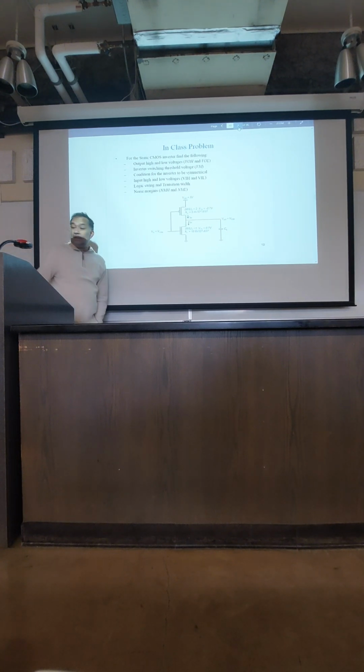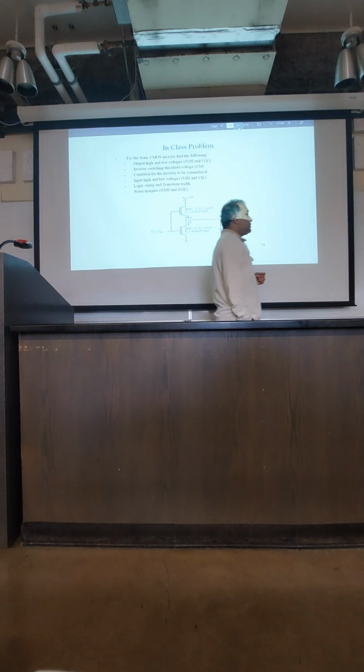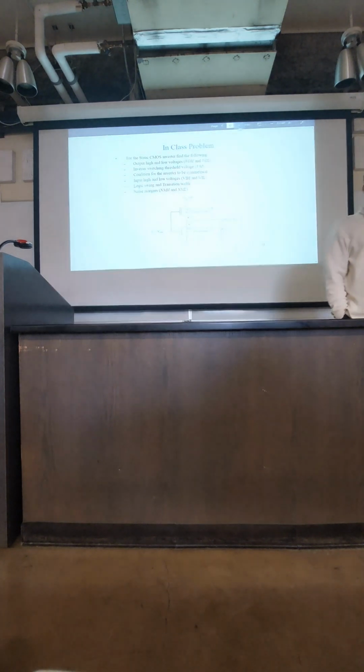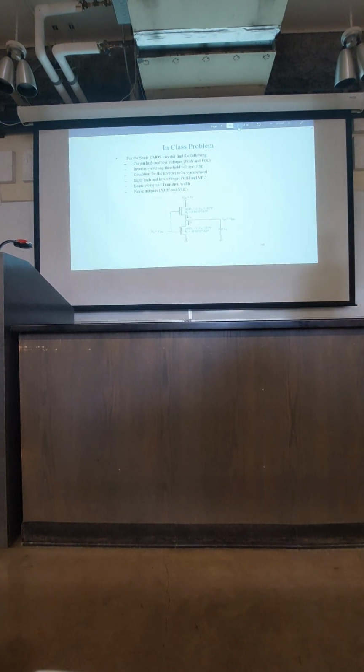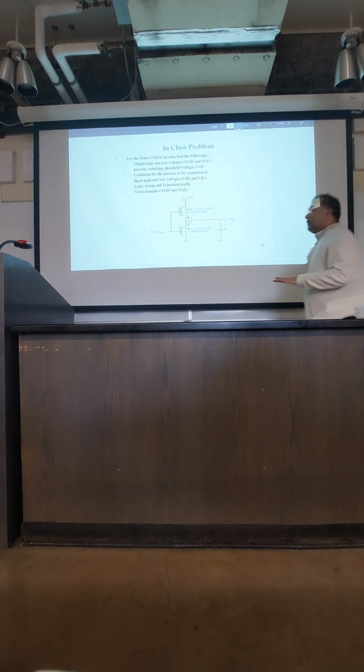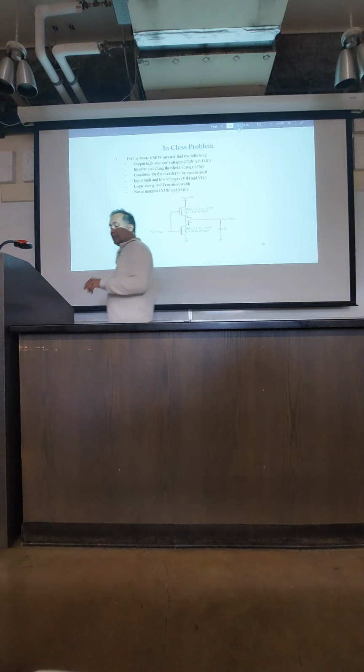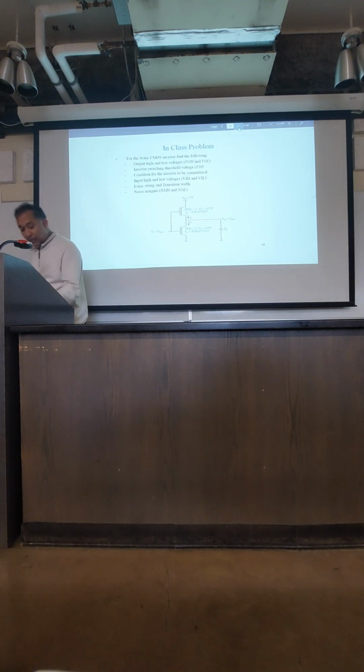Any mathematical equation or mathematical problem? If you have to use the linear or saturation current equation, those equations will be given in the question. Behind the question, there will be a cheat sheet printed for you. But you have to know the conditions for linear and saturation regions. That is a conceptual issue.